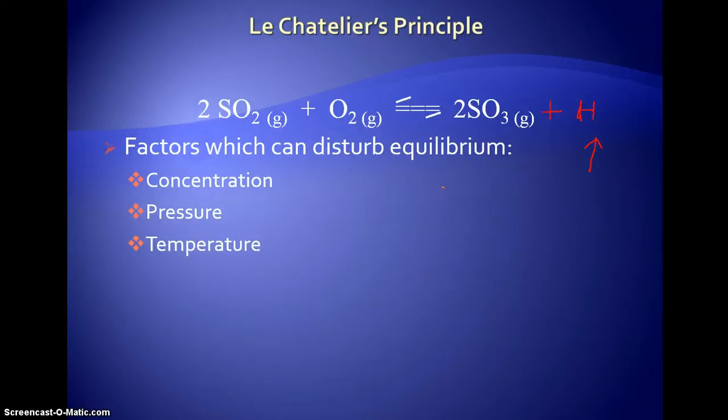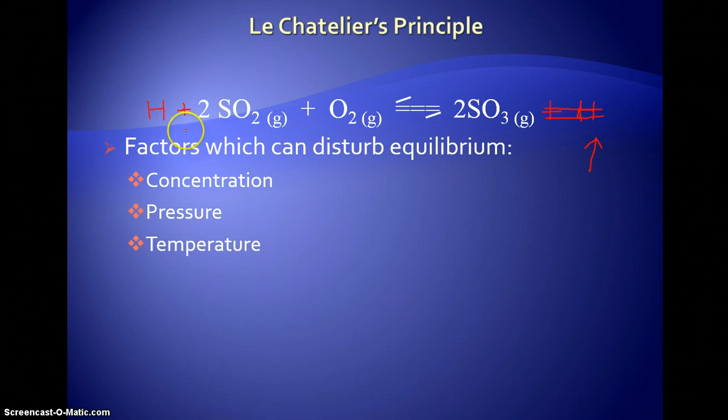Now, if I lowered the temperature, then it would be as if I'm decreasing the amount of a product, and as a result, it would do the opposite. It would push it in the forward direction. Now, let's go ahead and cross this out here. Let's say it's an endothermic reaction, which means heat is absorbed. Okay, and so that would mean that heat, in essence, is a reactant, and so we would write our H on this side.